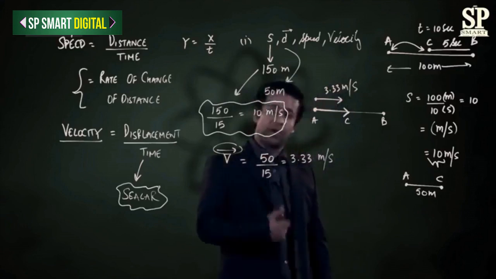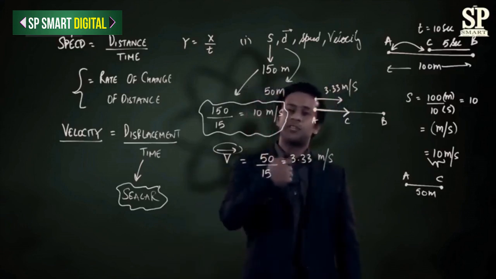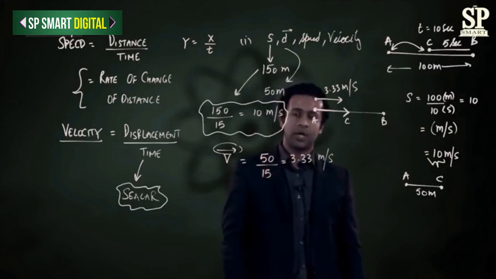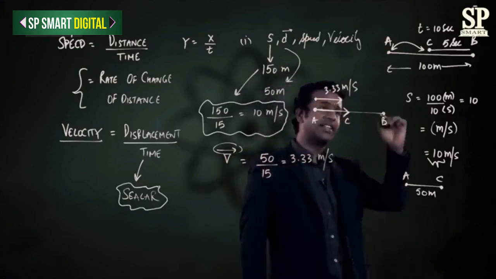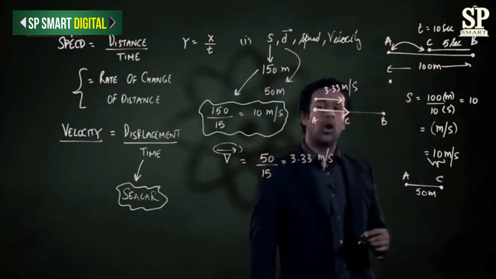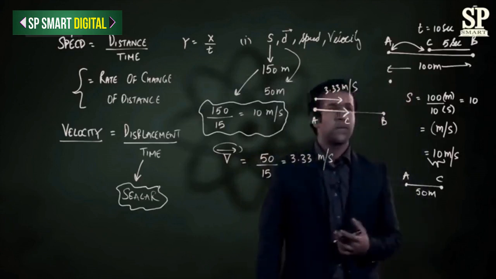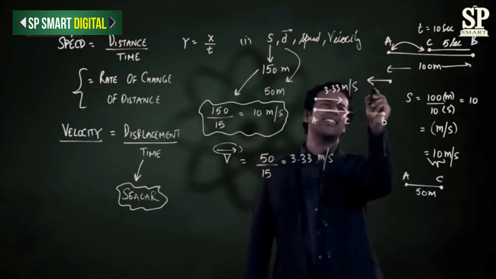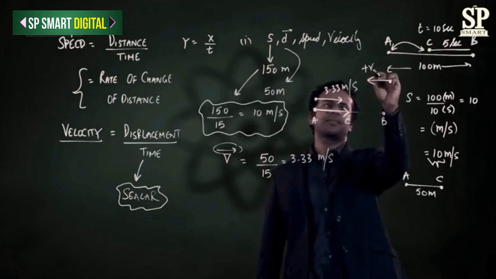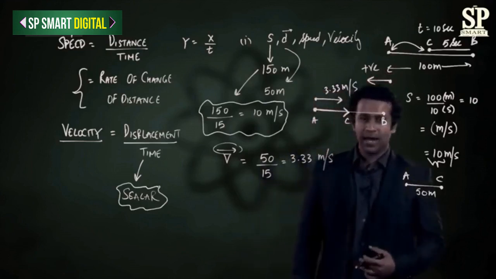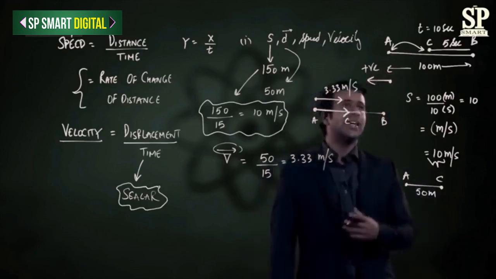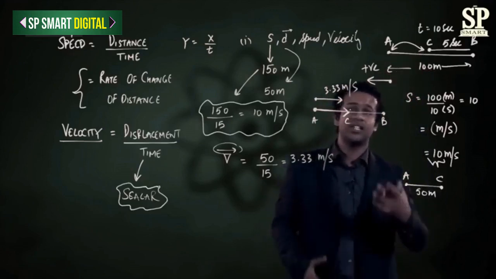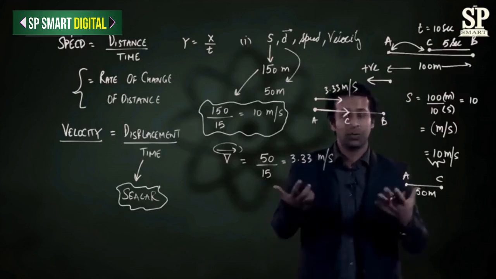Right. If you remember, we had said for substituting values in equations, we must have a sign convention. For that, let's decide a direction which we are going to call positive. Now, just for the cause of explaining to you, let me take this direction as positive. If I do that, I hope you can see that the displacement AC actually is in the direction opposite to the direction we have taken as positive.